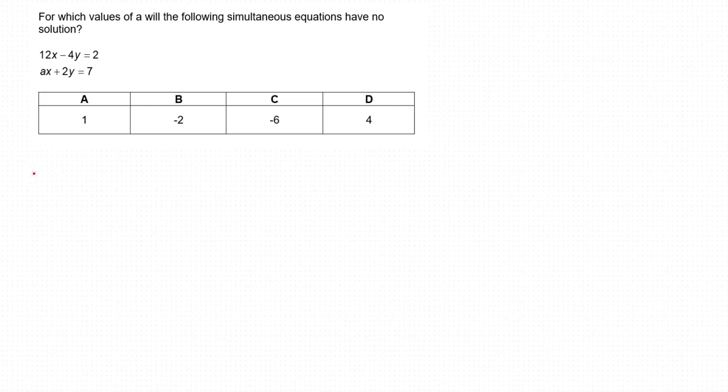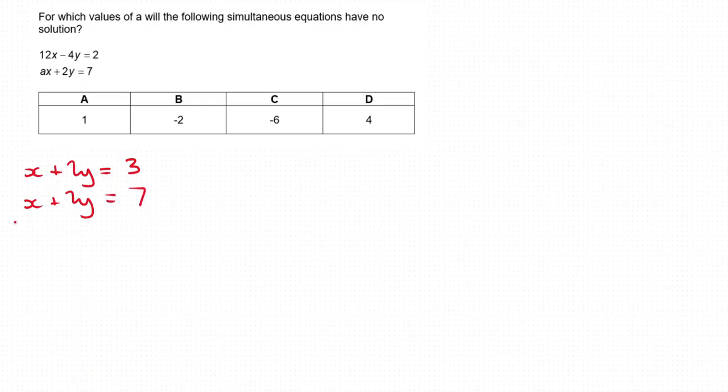So I'm just going to do a little example here. If I said to you x plus 2y equals 3, and the other equation is x plus 2y equals 7, what's going to happen here?